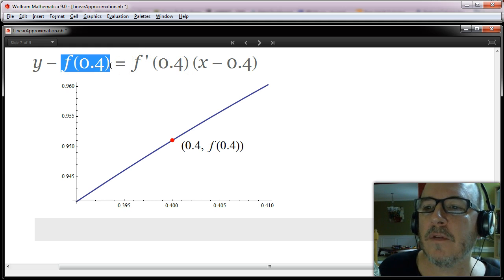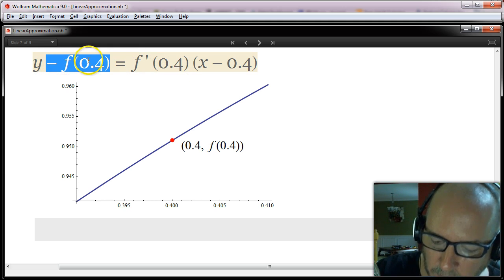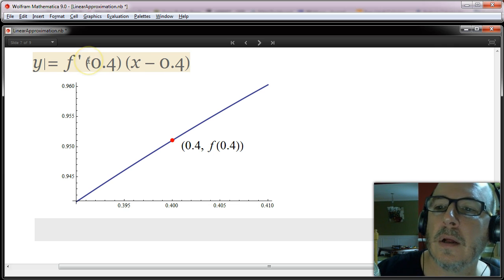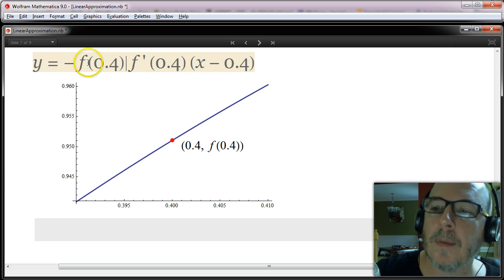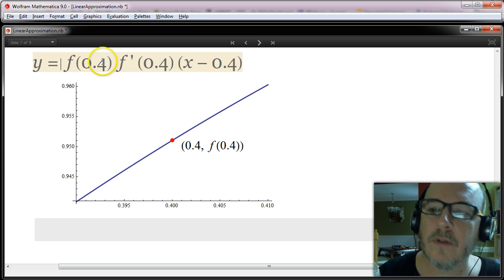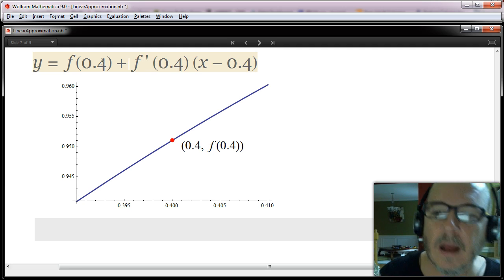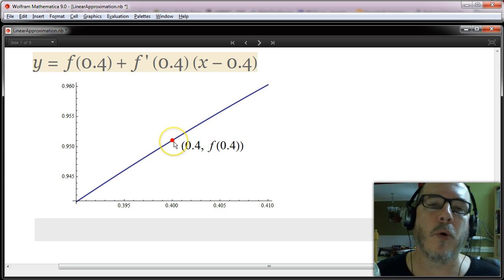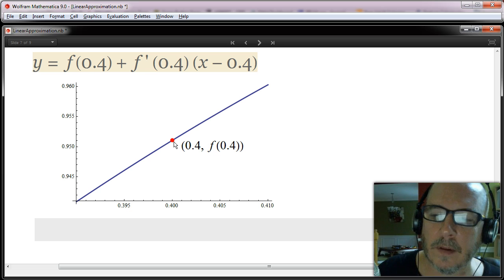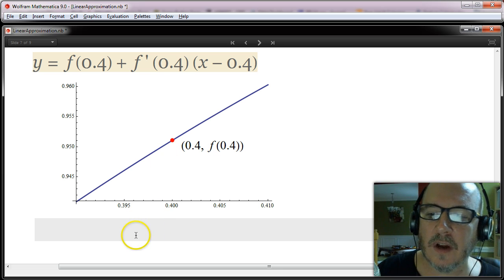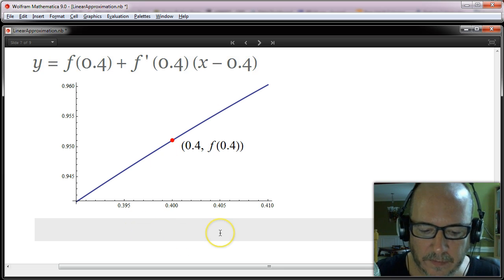Now, if I move this over, copy and paste it. So I add it. It was subtracted, so I add it. And this is the line that the microbe sees at that point. Maybe not another point, but at that point, that's what the microbe sees. So let's see what that is.